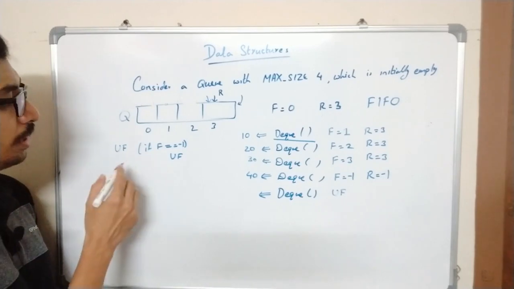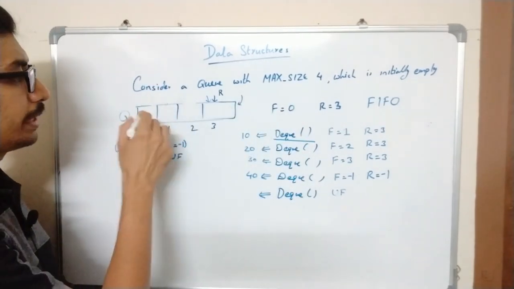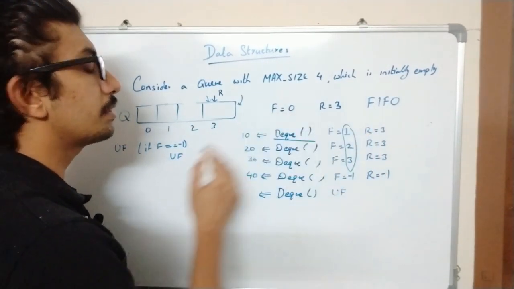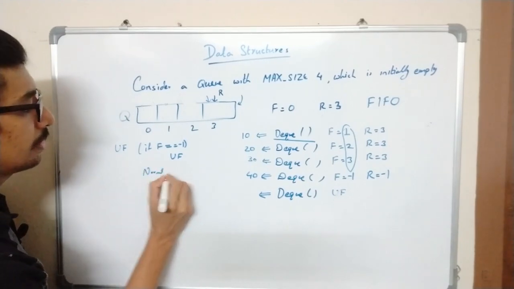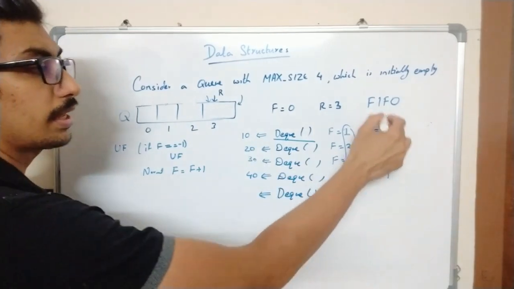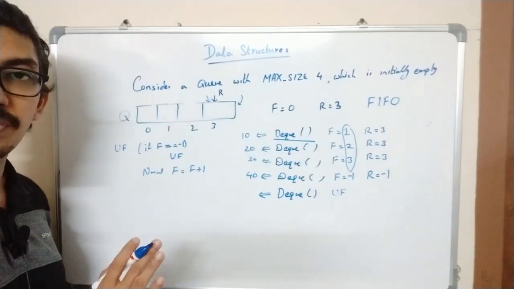And what about the values of front and rear during deletion? Whenever a dequeue is happening, the front value is incremented by 1. So in the normal case, front will be incremented by 1 and rear remains constant, with the previous value.